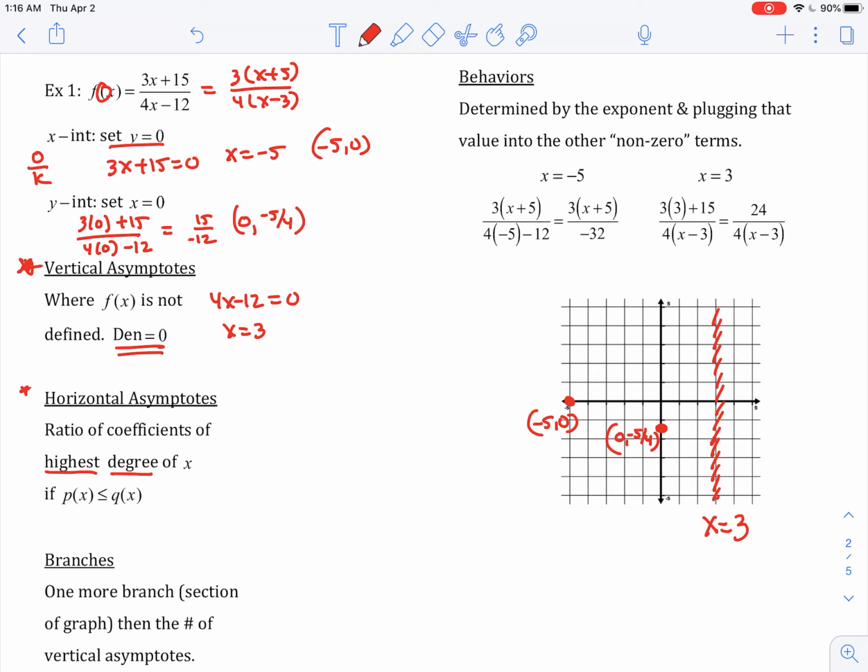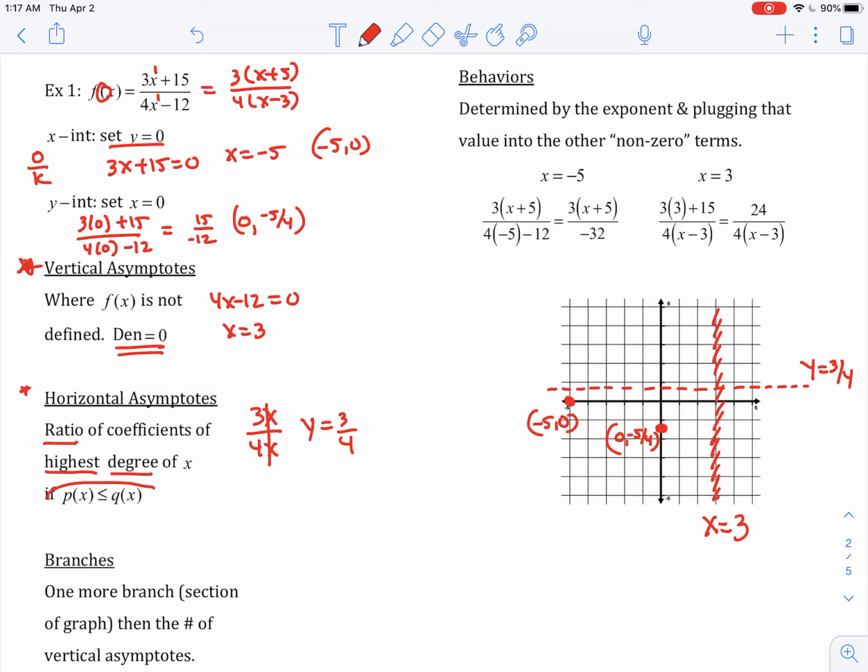Our highest degree of x is x to the first. We have a 3x in the numerator and a 4x in the denominator, and the ratio of those coefficients is 3/4. So our horizontal asymptote is y equals 3/4. I'm going to draw in our horizontal asymptote at y equals 3/4.